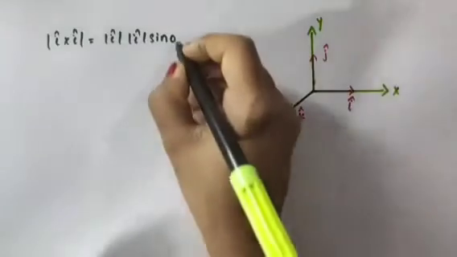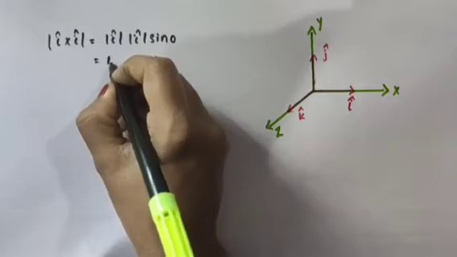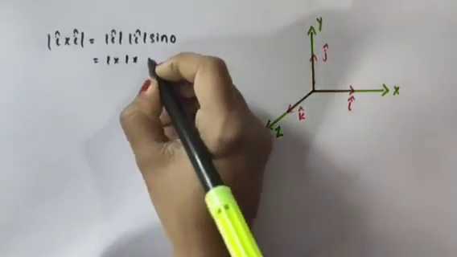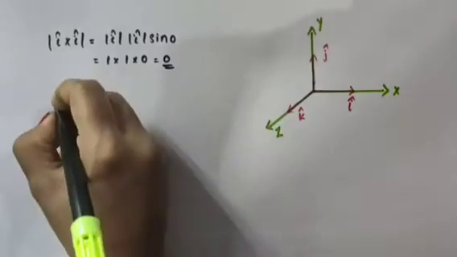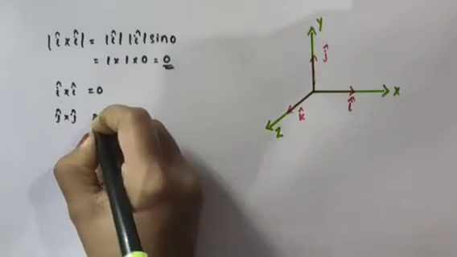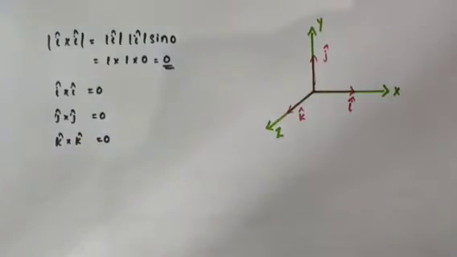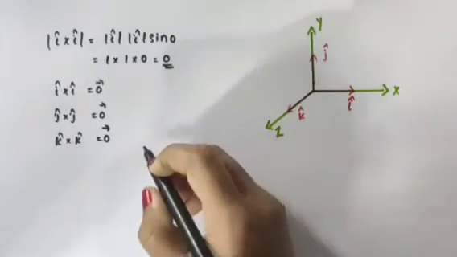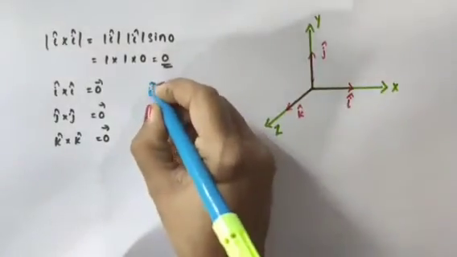What is sine 0? Sine 0 is 0 itself. Anything multiplied by 0 you'll get 0. This is a unit vector, so take 1 into 1 into sine 0, which is 0. Anything multiplied by that is 0. Similarly, I cross I is 0. Similarly J cross J is 0. Similarly K cross K is 0. Okay, now this is clear. I cap cross I cap is 0.